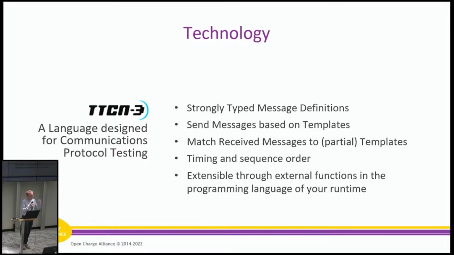You can deal with timing and sequence order of messages. And as I said, it's extensible through external functions, in our case, Java functions, that you can use to implement all kinds of specific behavior, like the formatting of timestamps, for instance, or in our case, like the composition and comparison of charging schedules, really specific things.